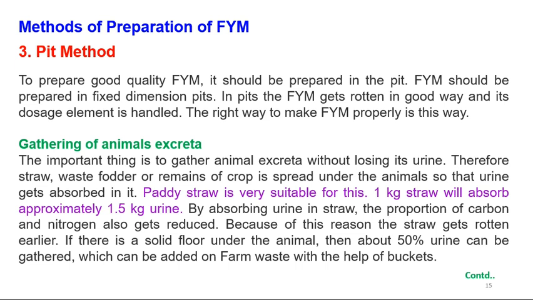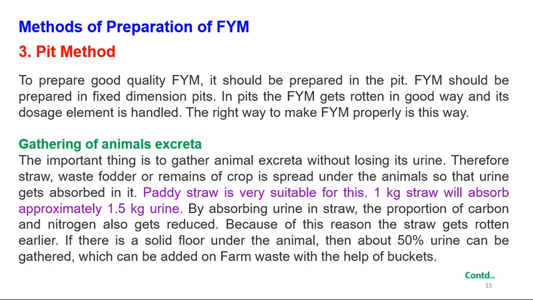First, gathering of animal excreta. The important thing is to gather animal excreta without losing its urine. Therefore, straw, waste fodder or crop remains are spread under the animals so that urine gets absorbed in it.